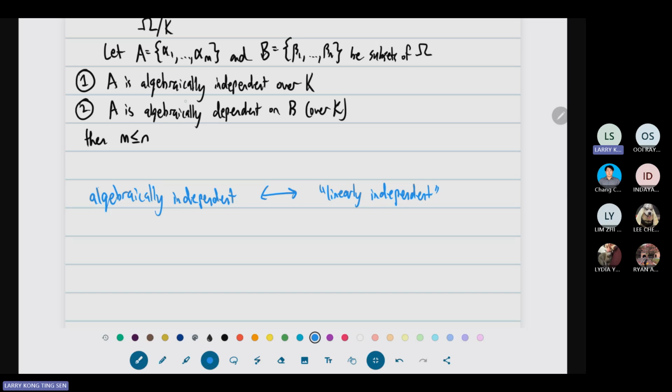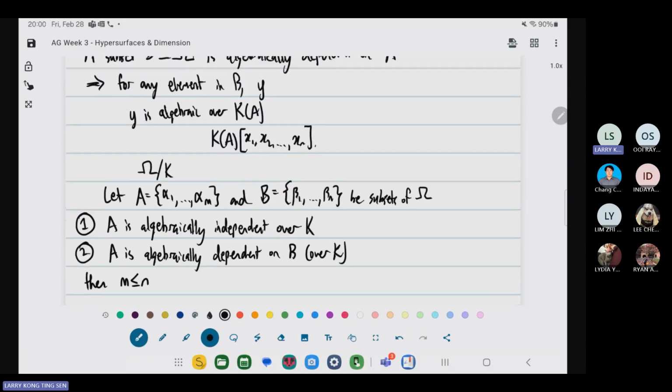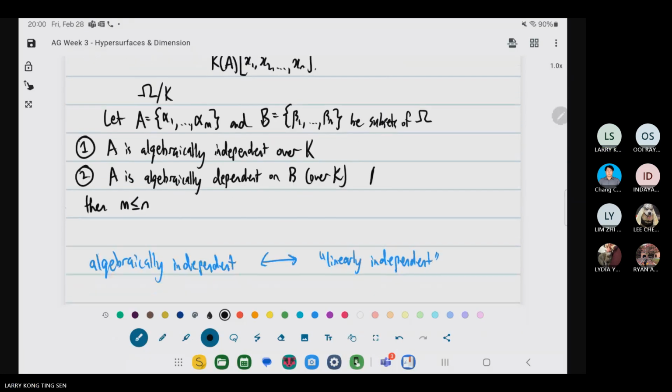And this algebraically dependent on a set, by definition, is basically just saying that A is algebraic over KB.